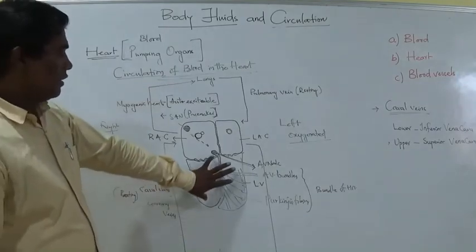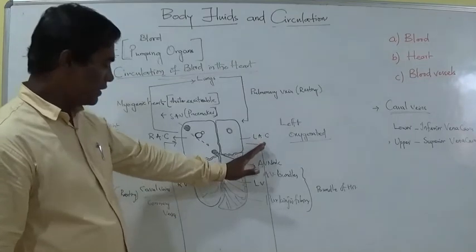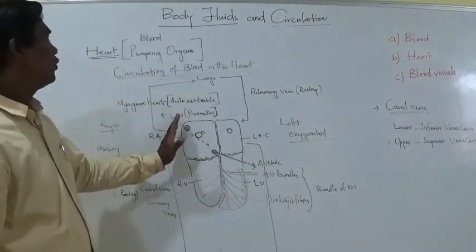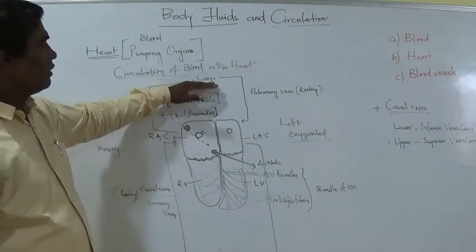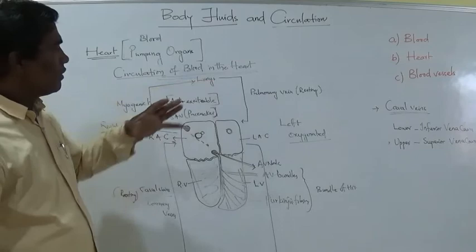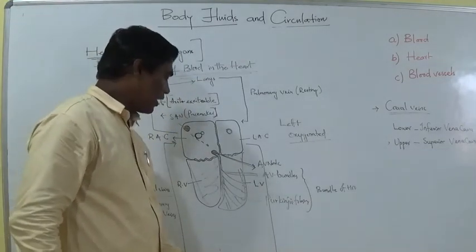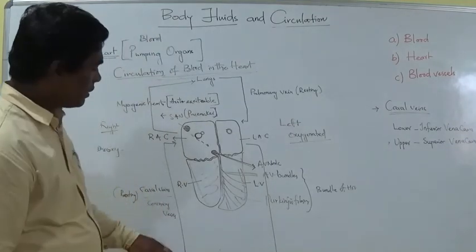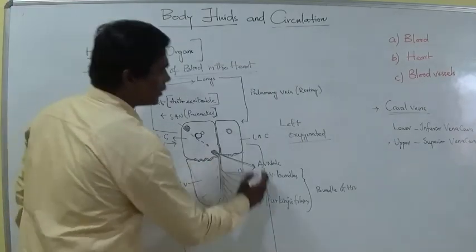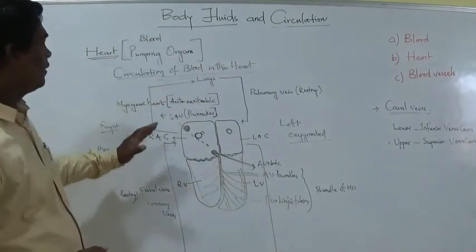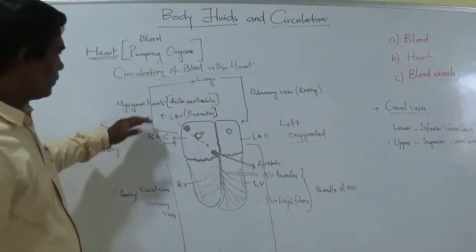Okay. Once the pure blood is transported to the body parts and impure blood from the right ventricle is transported to the lungs, tissues utilize this oxygenated blood, and after utilizing it, deoxygenated blood is formed again and the cycle continues between the systemic circulation and pulmonary circulation.